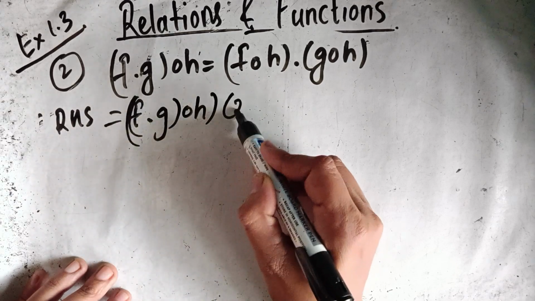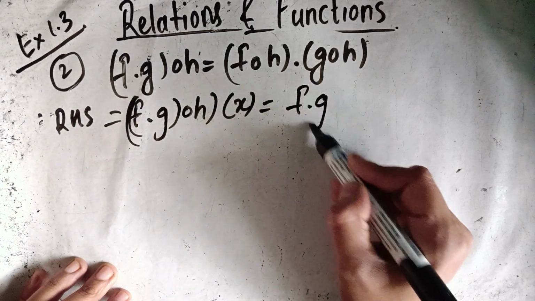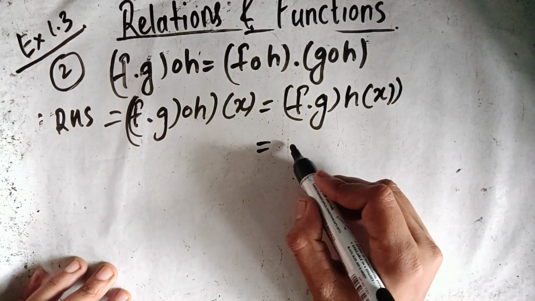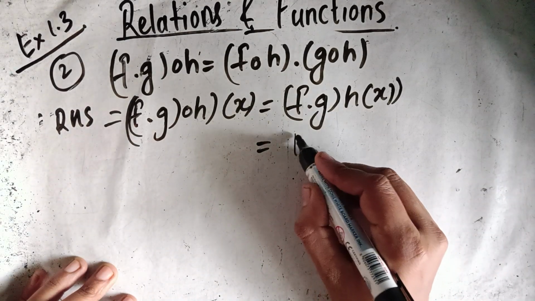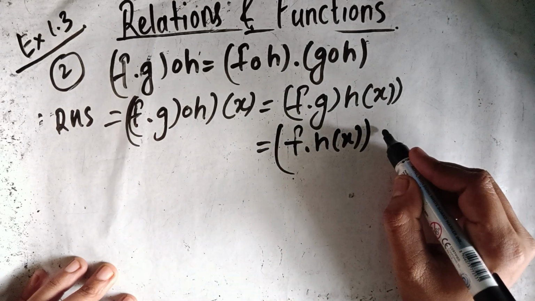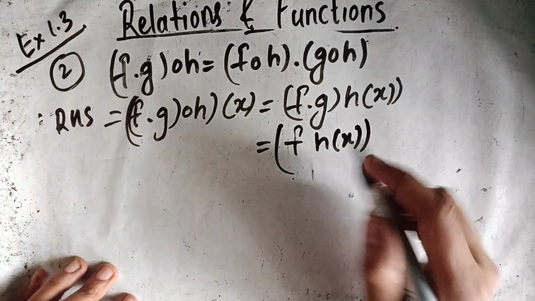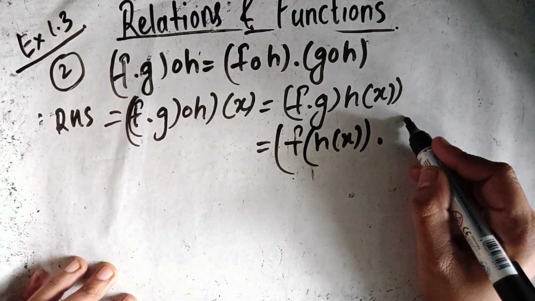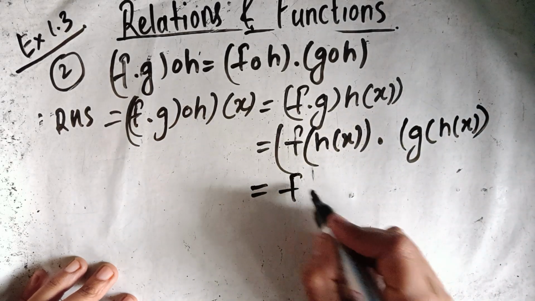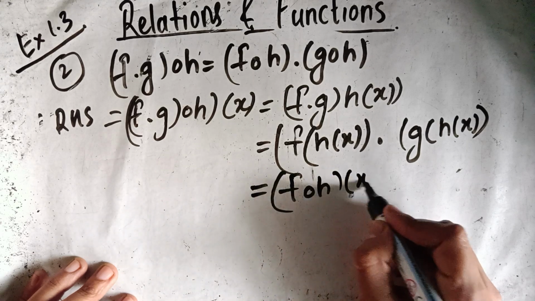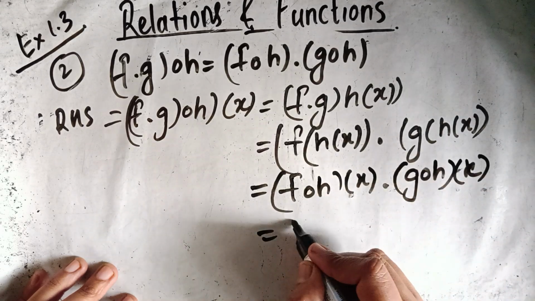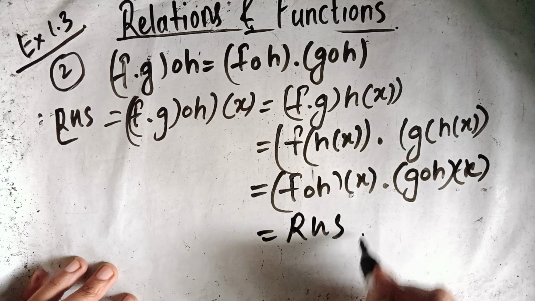Composite h of x, h of x. So we can write this the same way as we have done for plus. This will come here. Okay, so this is f composite h of x into g composite h of x. This is the left hand side, this is the right hand side.